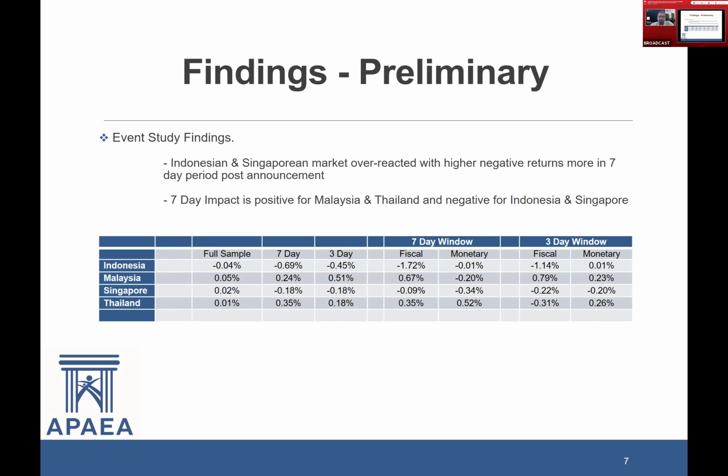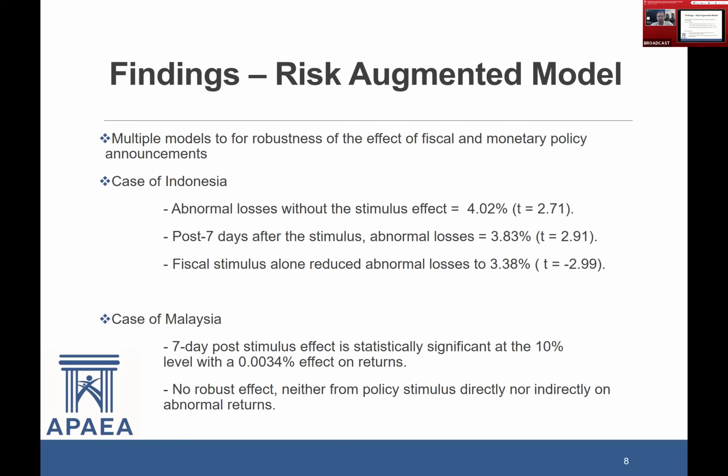Our main key findings are where we use the risk augmented model, which I earlier talked about. We used multiple models, primarily as robustness checks. On our base model, I'll discuss it country by country. In the case of Indonesia, the abnormal losses without the stimulus effect were 4%, and significant.